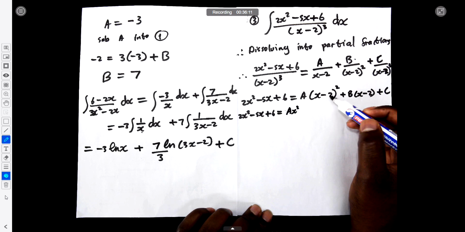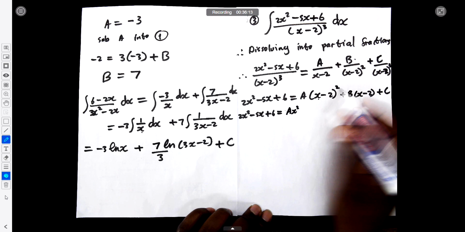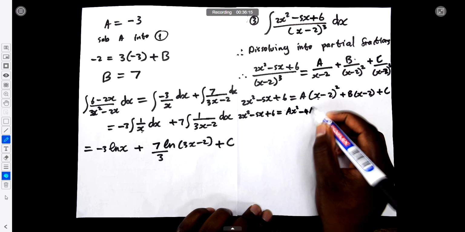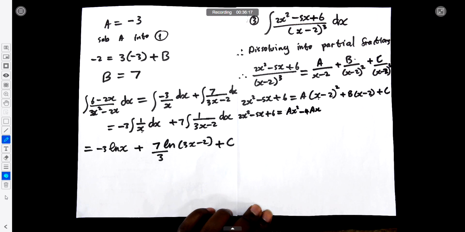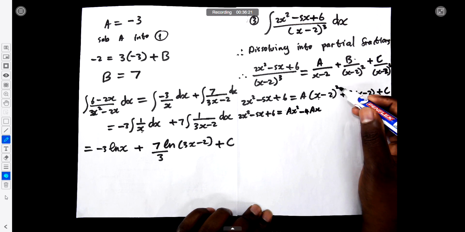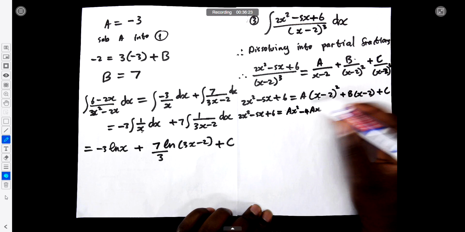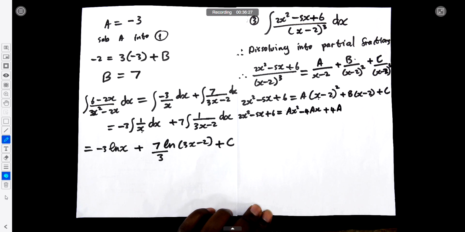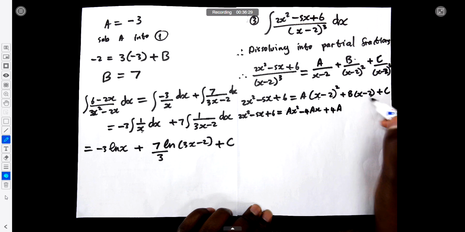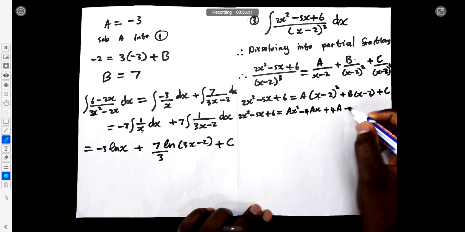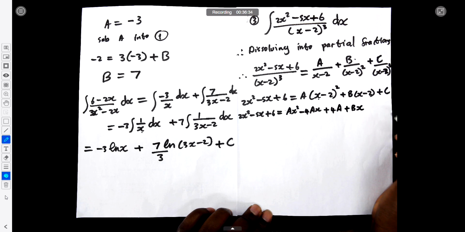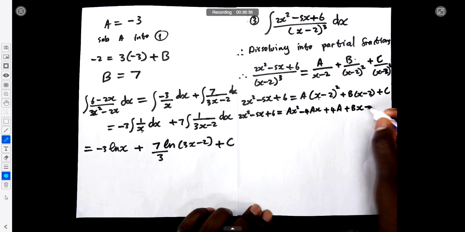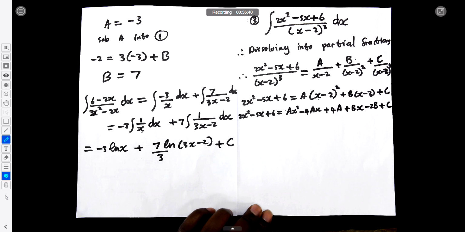We have 2 times minus 2 times x, that is minus 4x times A. Negative 2 to the power of 2 will be 4 times A, so we'll have 4A. Then with this bracket, we'll have B times x, it will be Bx. Then B times minus 2, minus 2B, plus the constant C.